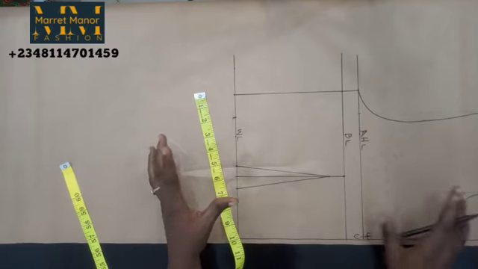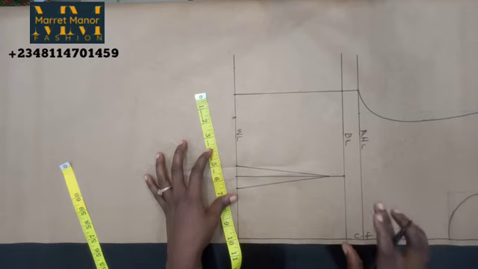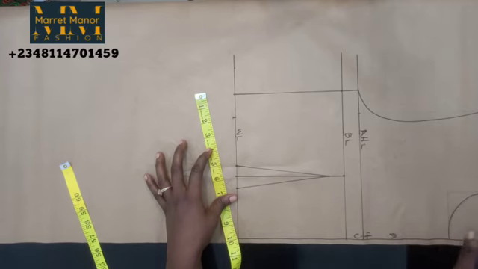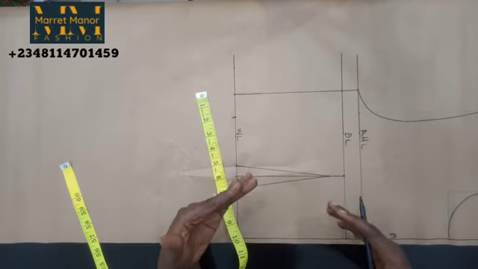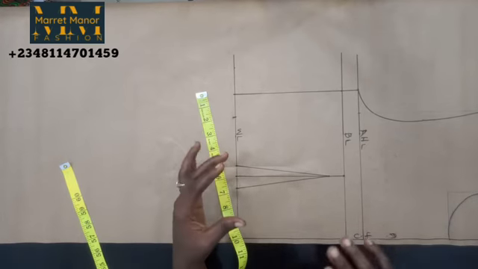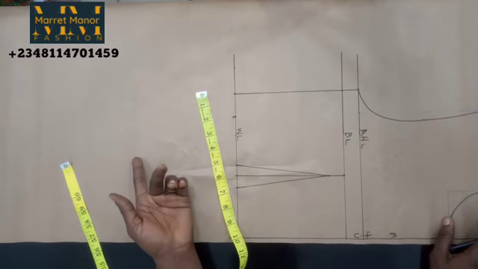The back is supposed to be shorter because the back does not contain the bust. Because of the curve of the bust, when you measure the front and you measure your back, you will see a difference. I've already talked about this in our measurement video.